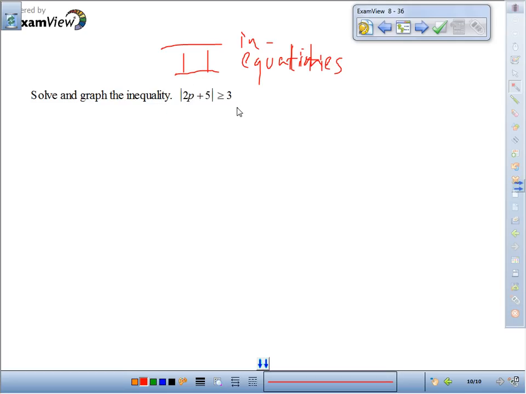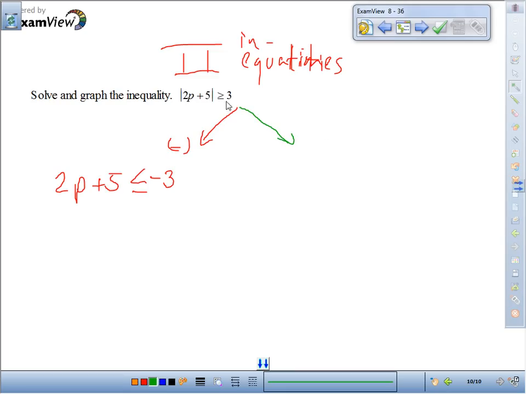No. So we're going to make one negative. So the negative goes to the 3, so it's a negative 3. For inequalities, when we write our negative, what happens to the symbol? We switch it. We flip it over that way, and we write whatever is inside of the absolute value. 2p plus 5.